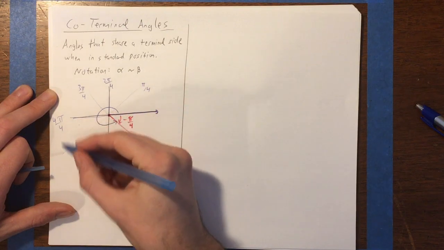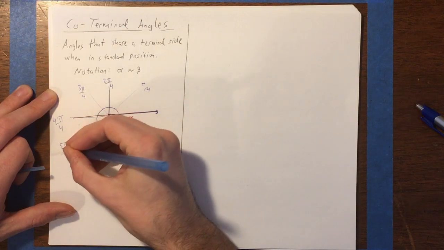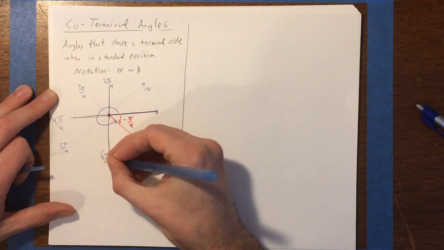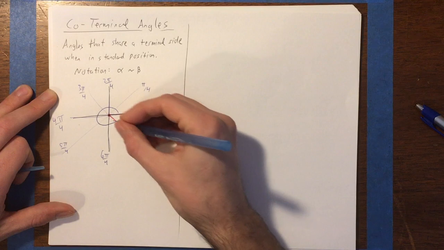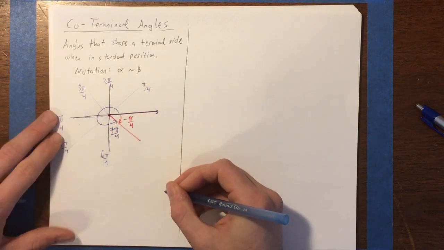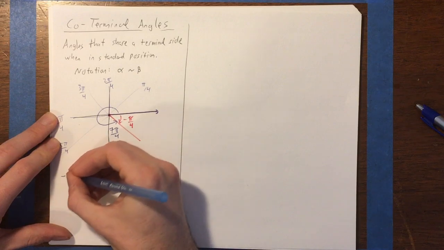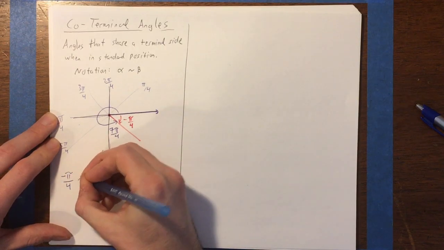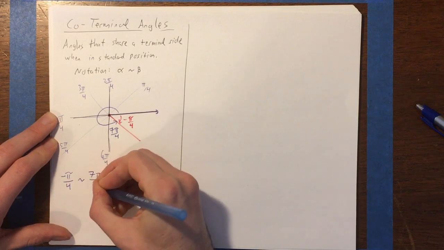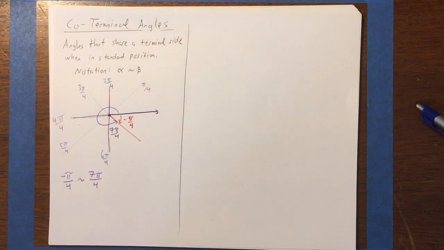Here's 5 pi over 4, 6 pi over 4 is down here, and then this is 7 pi over 4. So what I can say here is that negative pi over 4 is coterminal with 7 pi over 4. Okay, so that is an example of coterminal angles.